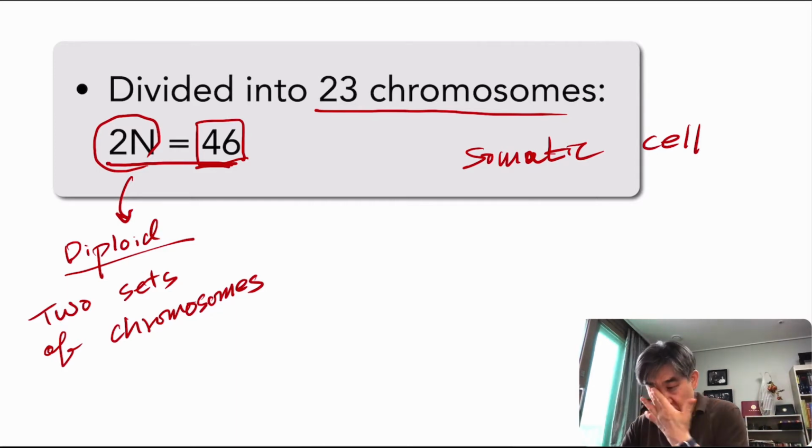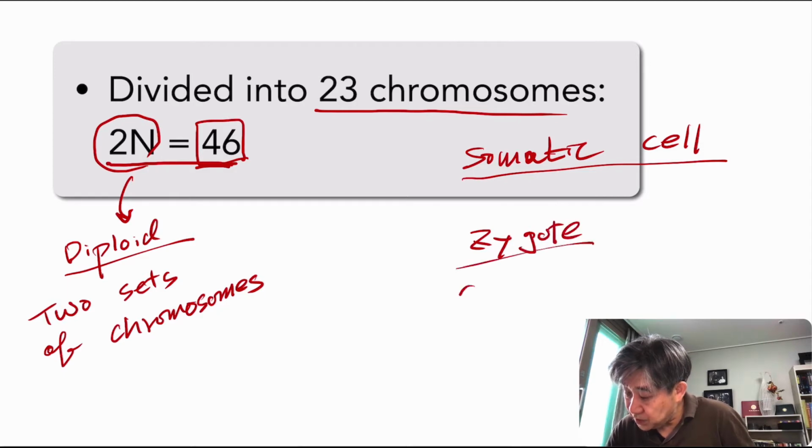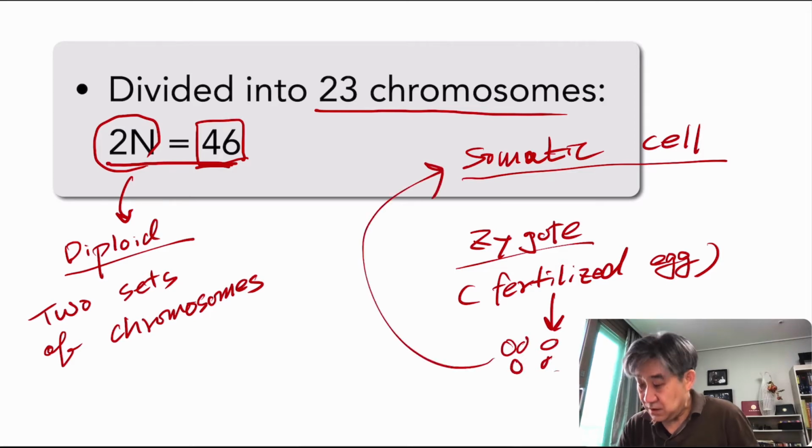Why? Because the origin of somatic cells is a zygote, which is a fertilized cell or fertilized egg, either way. Let's just put it as fertilized egg. And then many rounds of cell division afterwards gave rise to the somatic cells.